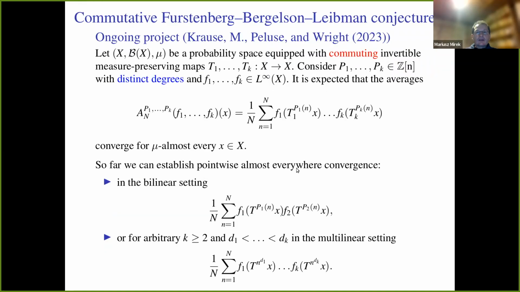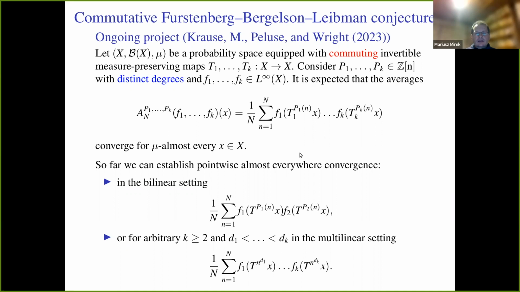So now let me tell you what we can say about the pointwise convergence for these averaging operators whenever the underlying measure preserving maps commute and polynomials all have distinct degrees.